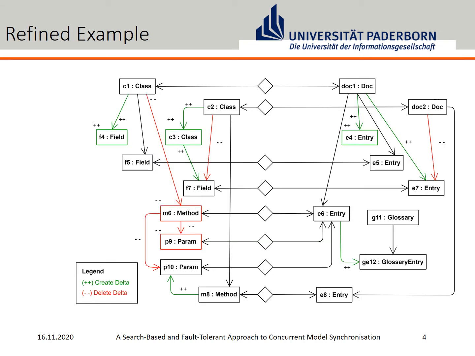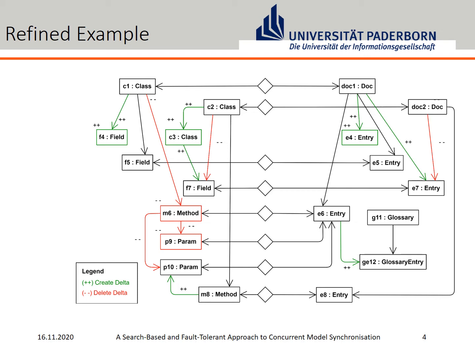Now I'd like to continue with the refined running example in formal notation. You can see in the triple black, green, and red elements. Green elements are elements that were created since the last synchronization point, whereas red elements were deleted since then. You see that there are several changes that should be propagated to the respective other domain.